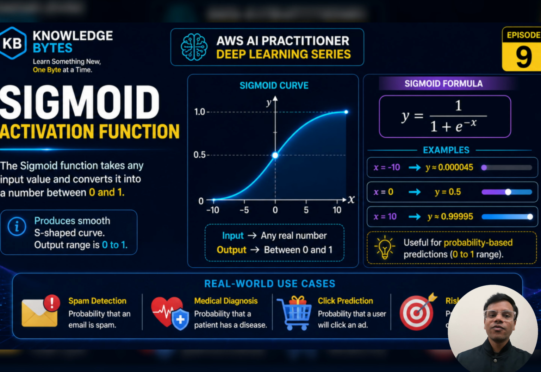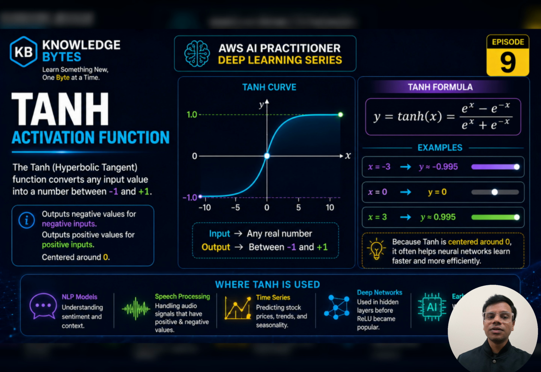So modern deep learning often uses other activation functions, and now we are going to get into the Tanh activation function.